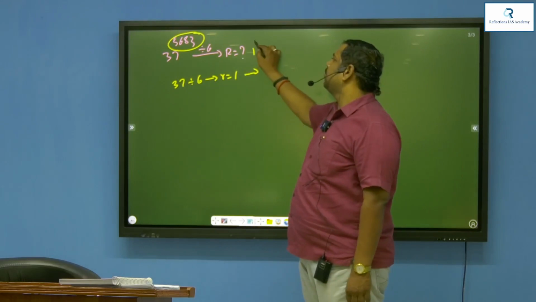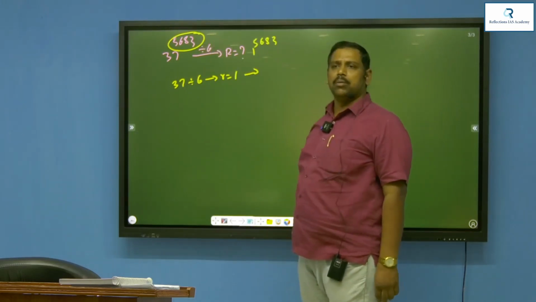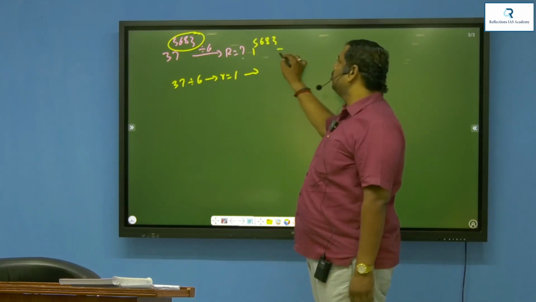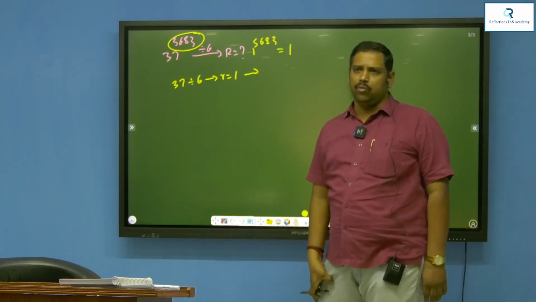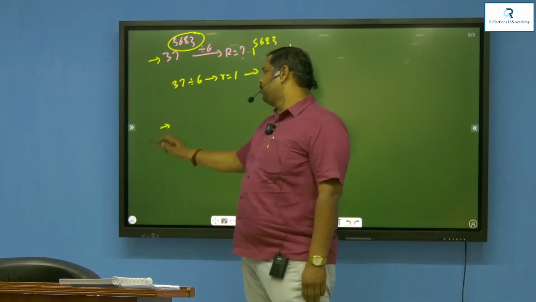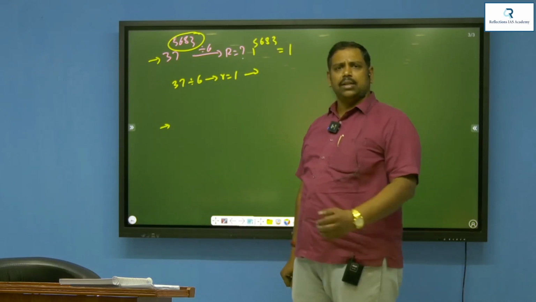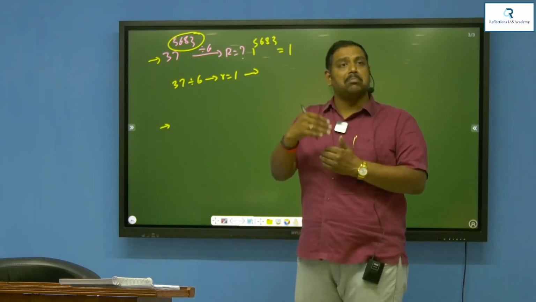So, the remainder is 1 power 5683. This number, power, that number. 1 power anything is equal to? So, what's the answer is? 1. That's it. But the answer is 1. Is it clear? Okay, this is the way that we have to solve it. Shall we do one more example? Okay. So, what I will do is, I'll increase the concept step by step.